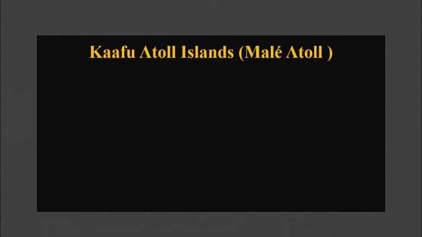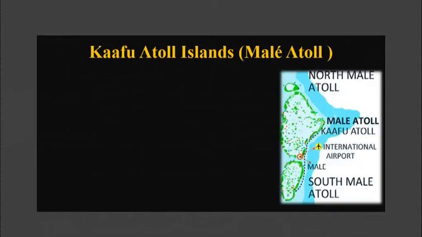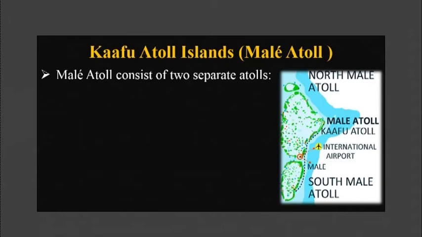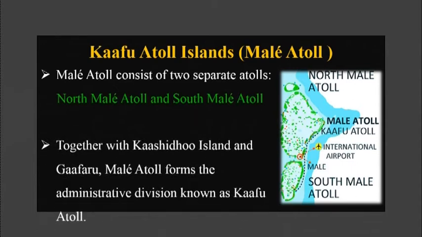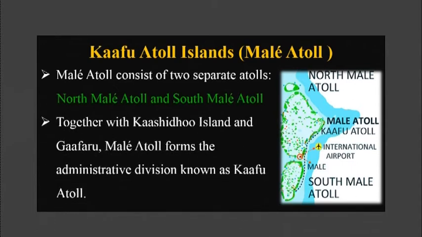Kaf Atoll Islands. The other name for Kaf Atoll is Malay Atoll. Malay Atoll consists of two separate atolls, North Malay Atoll and South Malay Atoll. Together with Kasidu Island and Dhuvaafaru, Malay Atoll forms the administrative division known as Kaf Atoll.